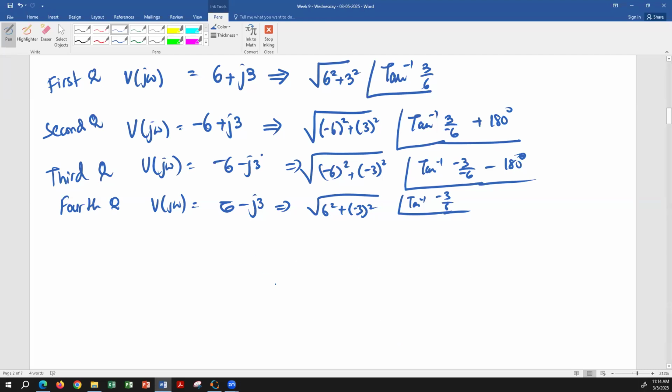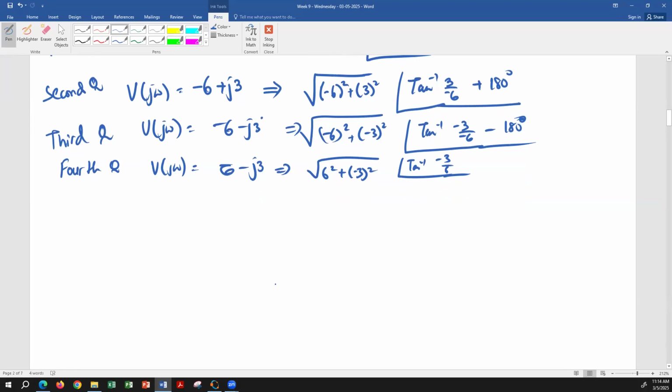If you're going from polar form to rectangular form, how do you do that? This was for rectangular to polar. If you're going polar to rectangular, how are you going to convert 5 angle 70 degrees into A plus jB?